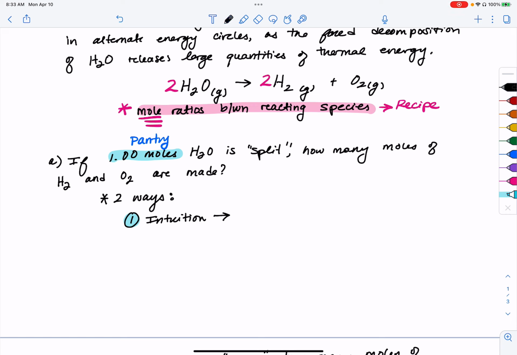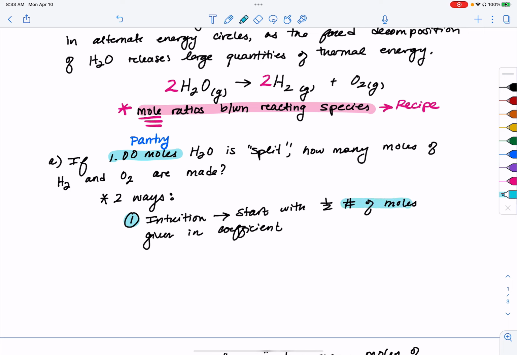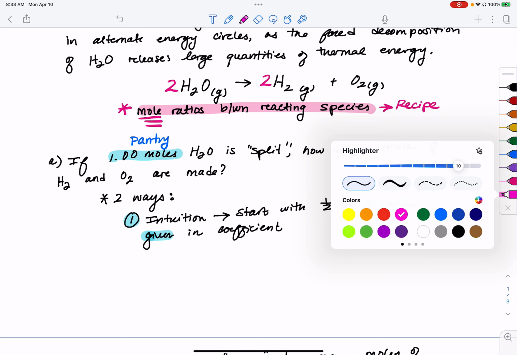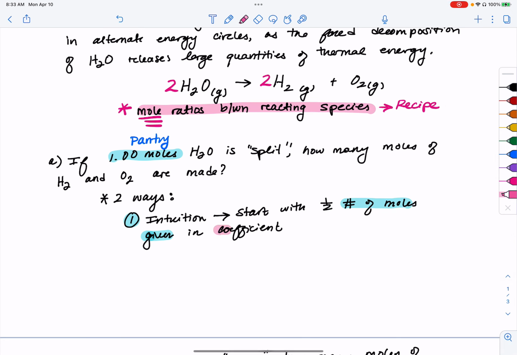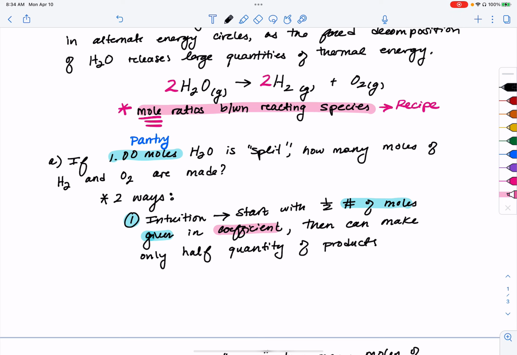So since I start with half the number of moles that are given in our coefficient, meaning I start with half of what I have in my pantry compared to what my recipe calls for, then I can only make half the quantity of products.